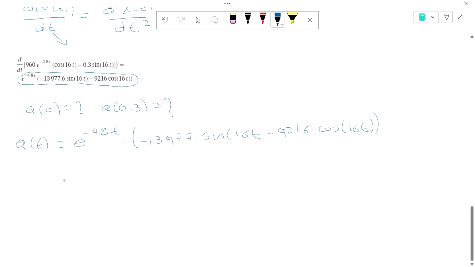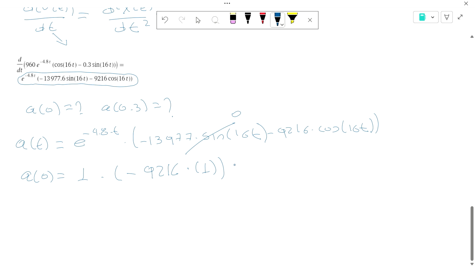So when time equals 0, e to the 0 is 1 times sine, this whole thing is 0, minus 9216 times 1.